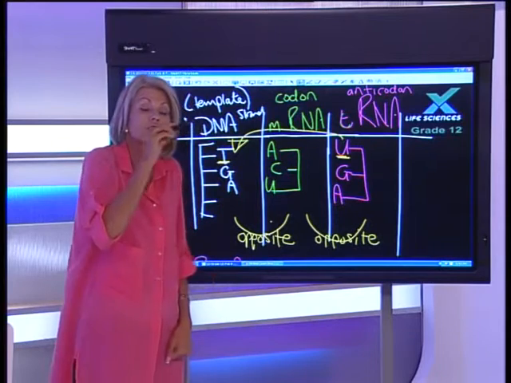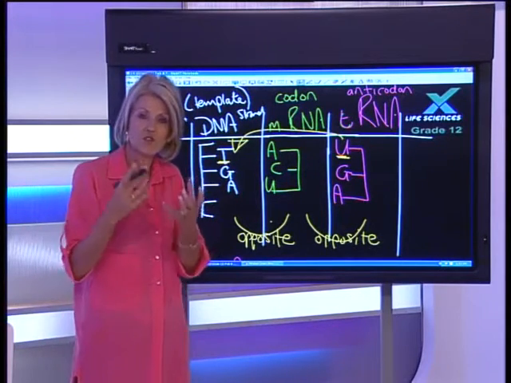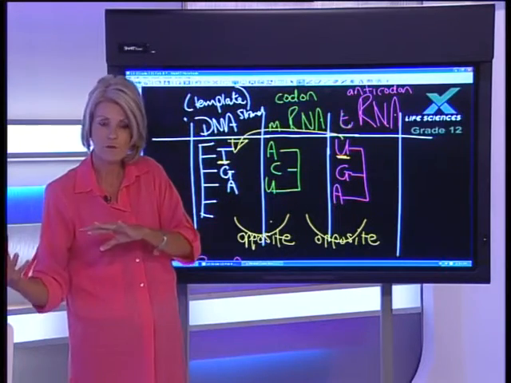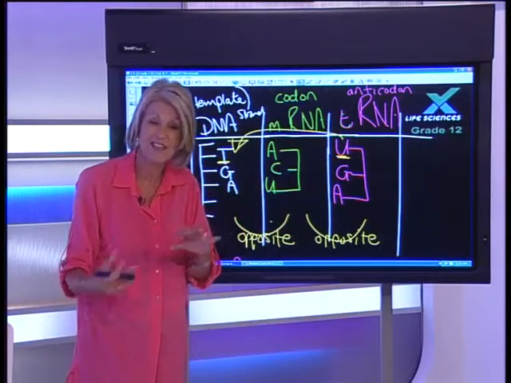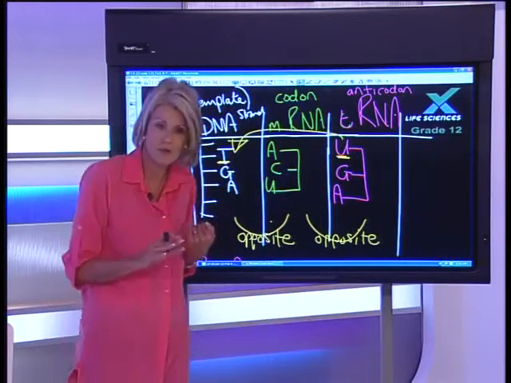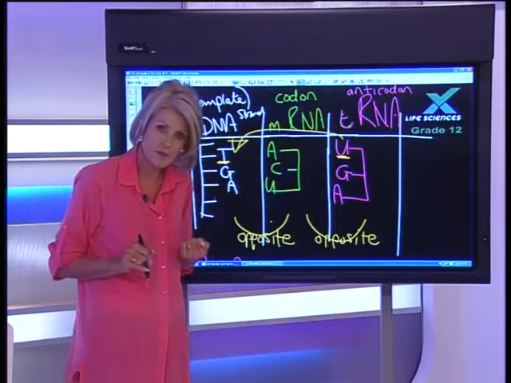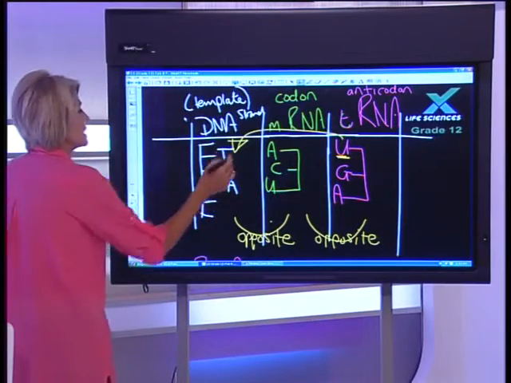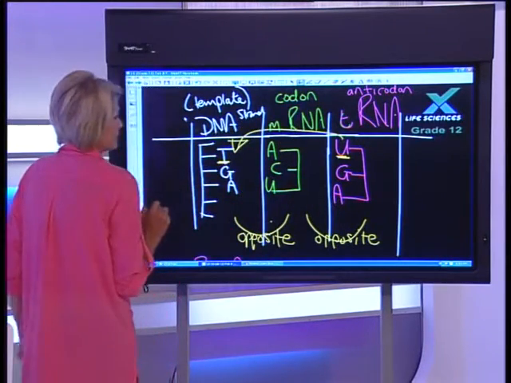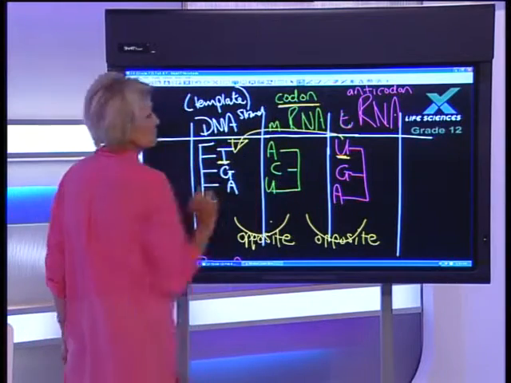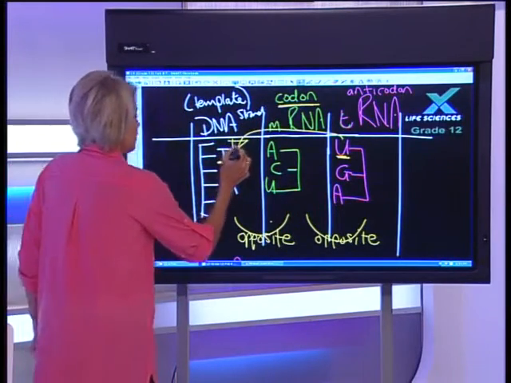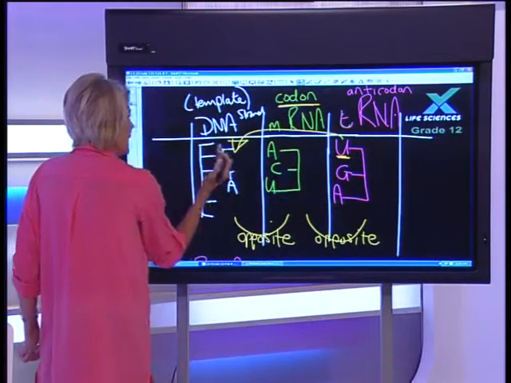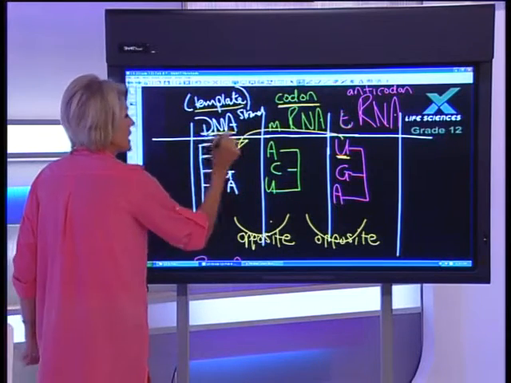Now, to scribe, which is where transcription comes from, means to write. Trans means to move. So you're basically moving the writing, or you're copying it. You're transcribing. Transcription is when your messenger RNA codon forms complementary bases to the template of the DNA.